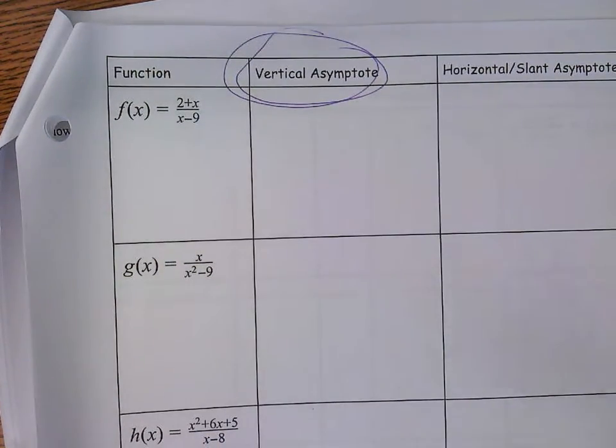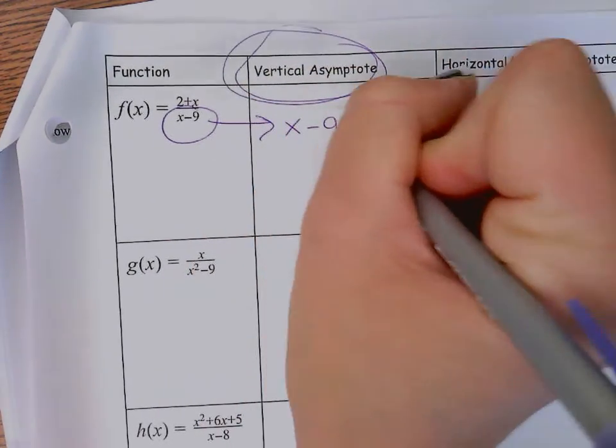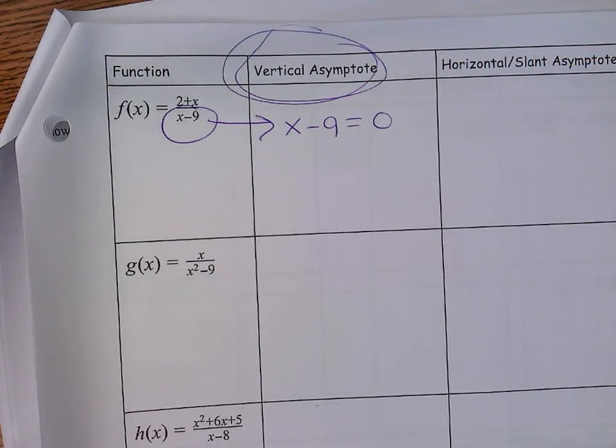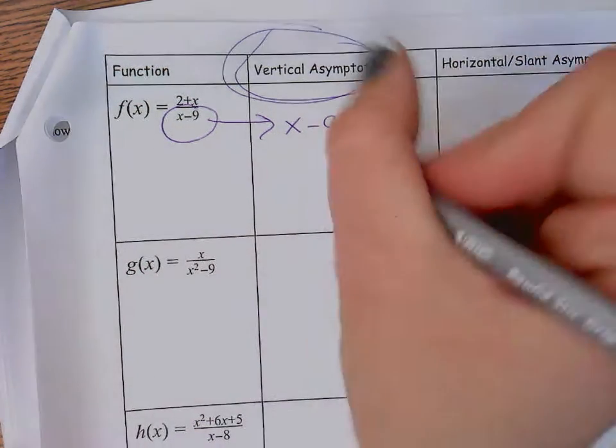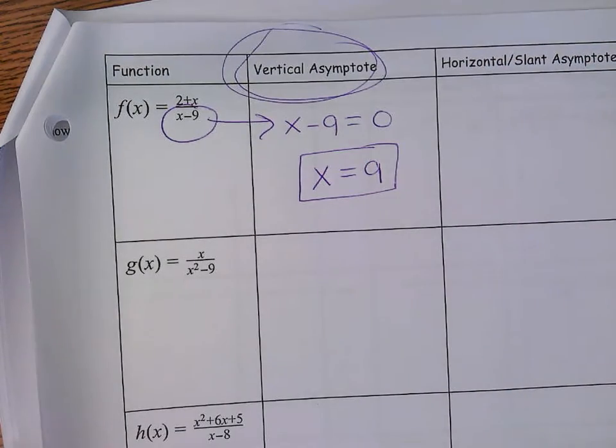So on each one, your job is to take the denominator, set it equal to 0, and solve for x. So when will x minus 9 equal 0? When x is +9. So I'm looking for that equation for each of these 8 problems. Some of them will have more than one asymptote.